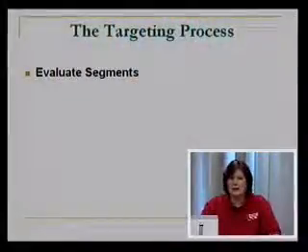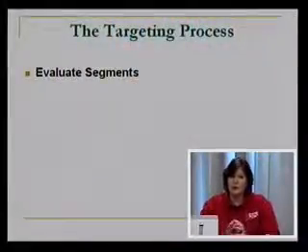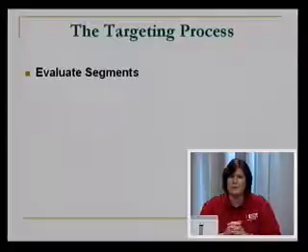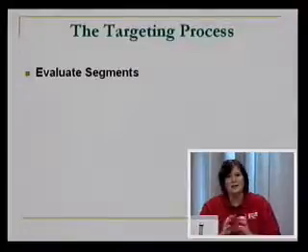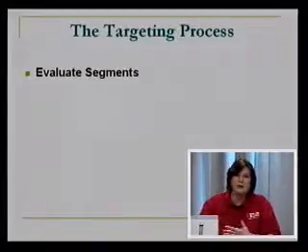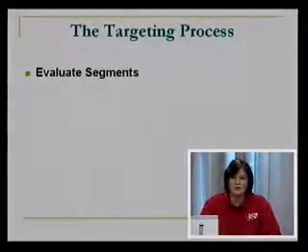What we want to start doing is evaluating the segments that are out there. We've already grouped them together in terms of our product. Keep in mind, we've grouped together people who are very similar in what they're looking for from the product and how they use it. So now we have to decide which of these segments are viable for us, which ones represent opportunity and potential profits.